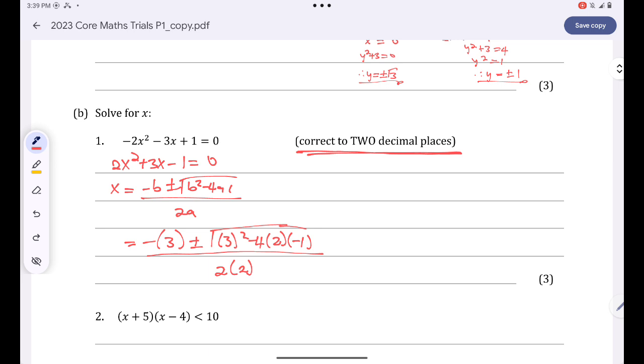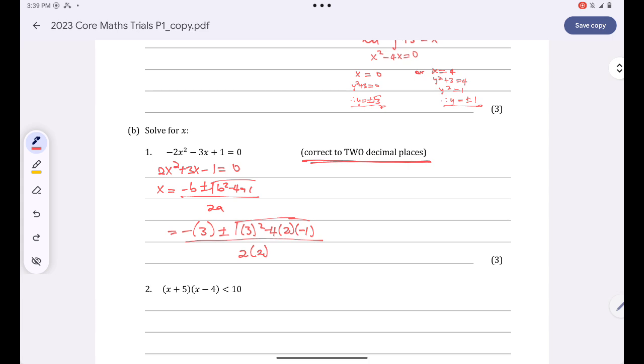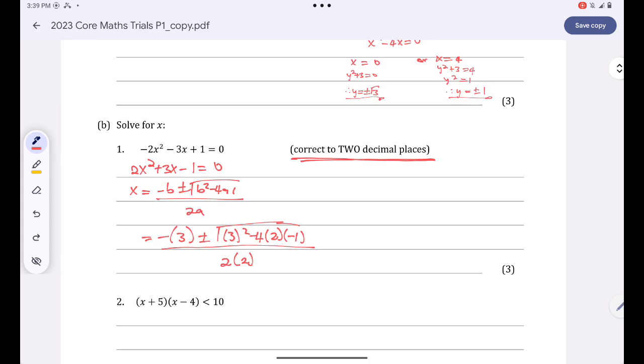-3 plus the square root of 3 all squared minus 4ac, all over 2a. Let me check. Let me check over here.